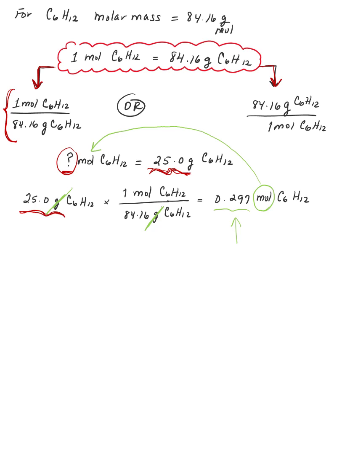So converting any amount in grams to moles, what you actually are doing is dividing by the molar mass. The units for molar mass are grams over moles.